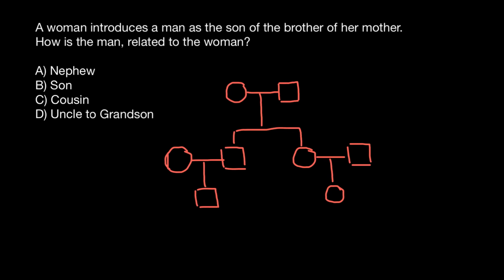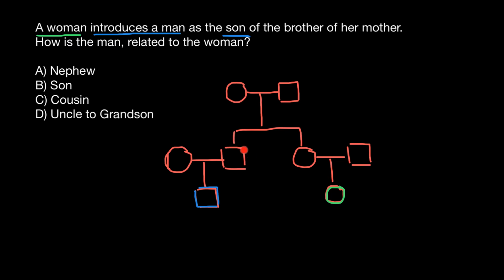Now let's follow the logic of the problem again. A woman introduces a man, and here is going to be a woman that introduces a man, and she introduces this man. So again, let me underline. So a woman introduces a man as the son, and this man is the son of the brother of her mother.